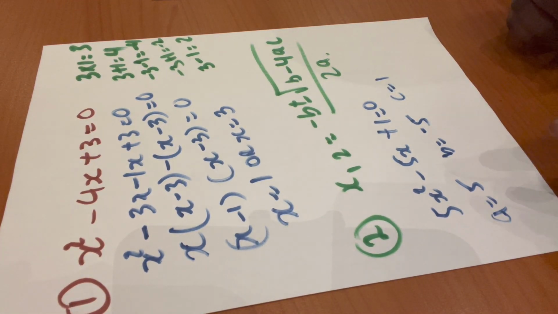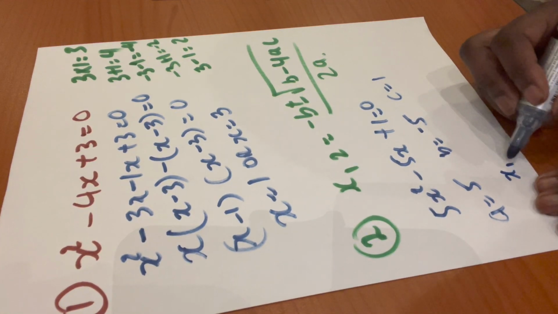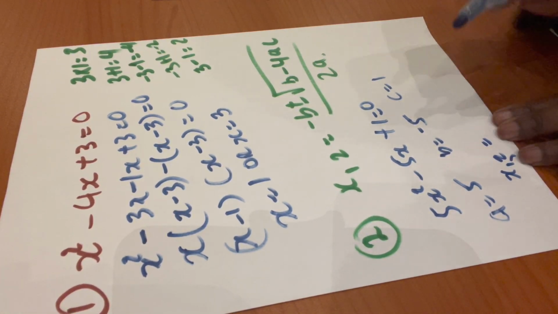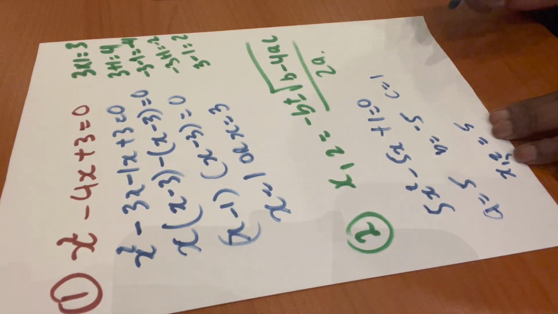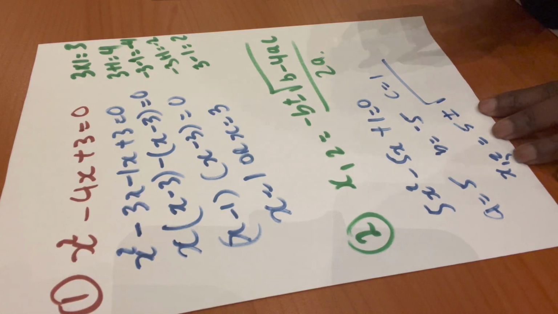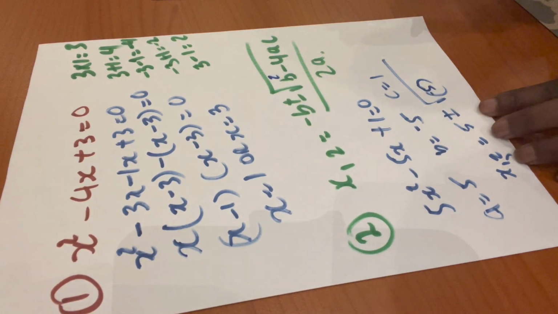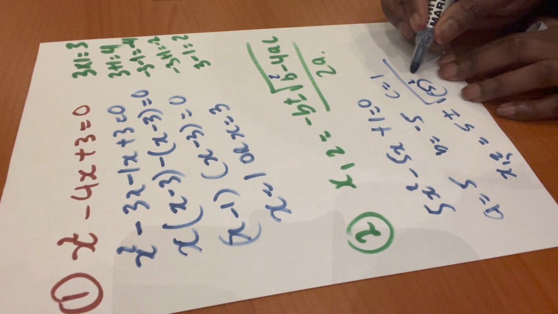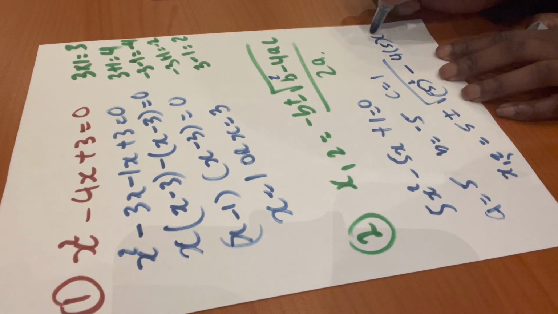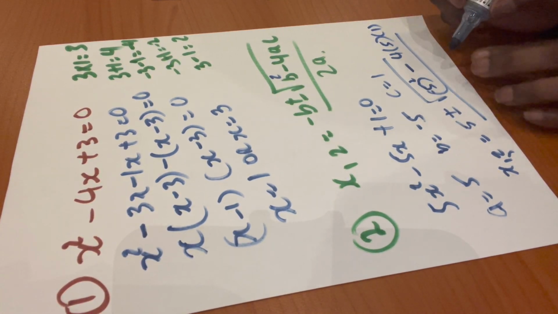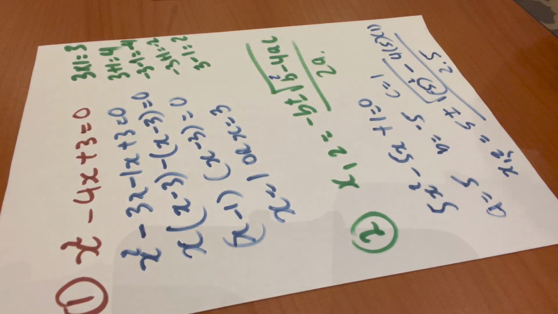All I have to do is put these numbers into the formula and solve for x. x1 and 2 is equal to, since my b is minus 5 and I have a minus b, I get a 5, plus or minus the square root of minus 5 squared minus 4 times a, which is 5, times c, which is 1, and then divided by 2 times 5.